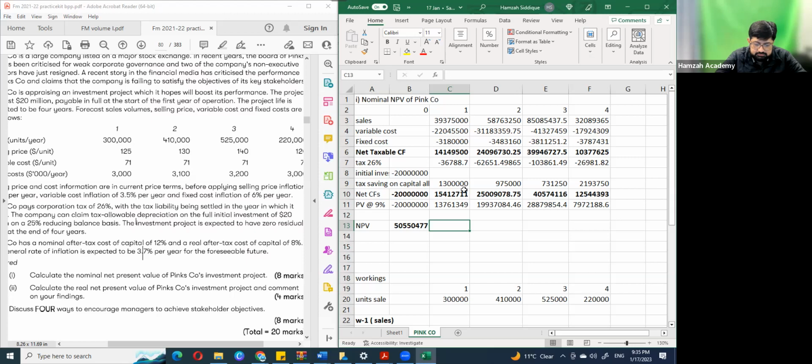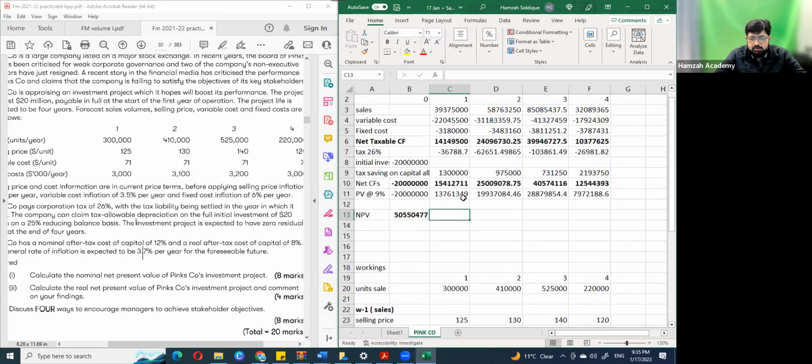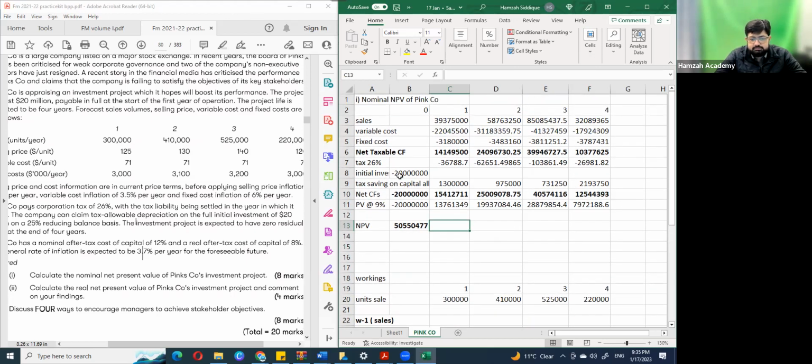Now, net cash flows to end. Okay, present value. I have applied this formula.